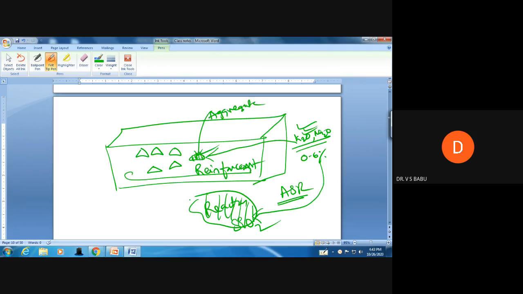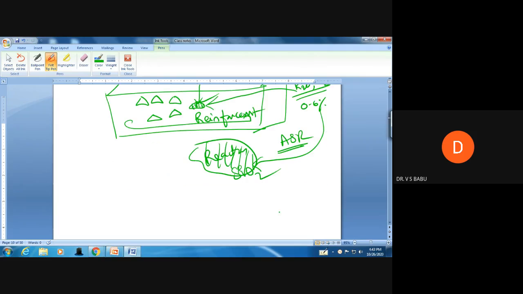One day the aggregate is this size, next day it reduces to this size, and the next day to this size. The alkalis start the reaction on the silica portion, and the silica disintegrates day by day, until one day the aggregate disappears.